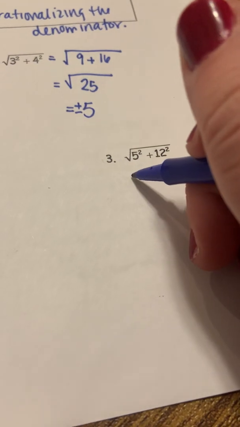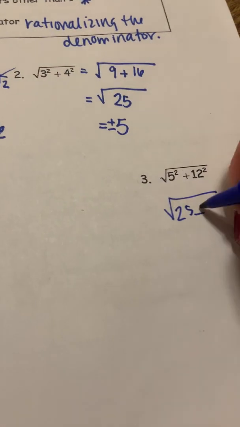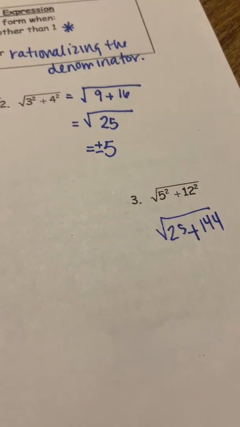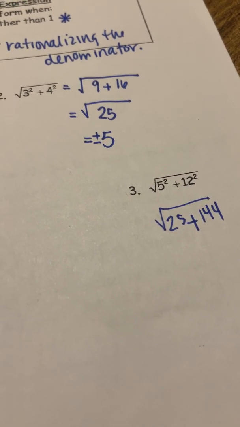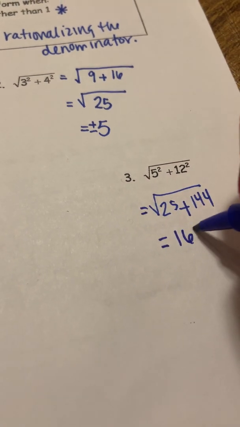And lastly, we have the square root of 25 plus 144. 25 plus 144, we're trying to figure out if that's going to be a perfect square. And that happens to be 169.